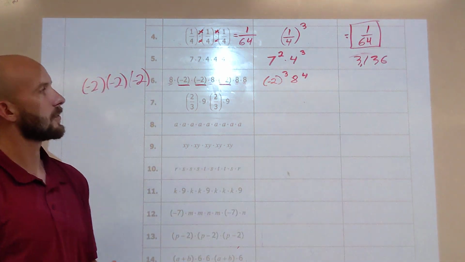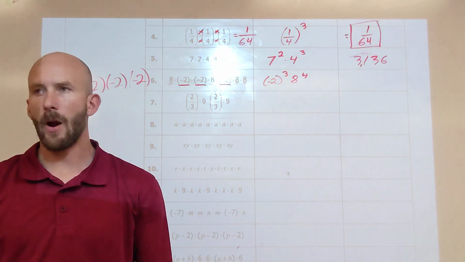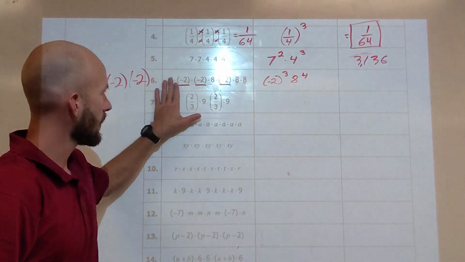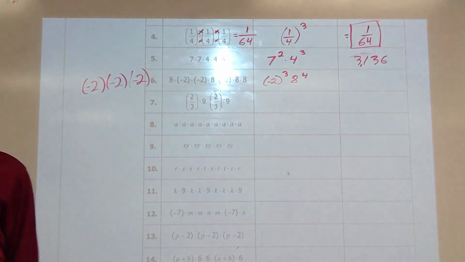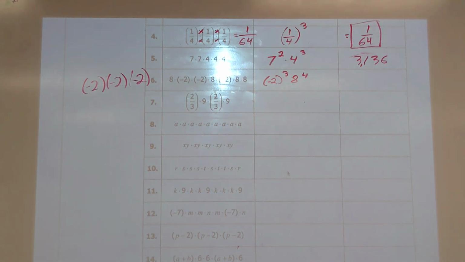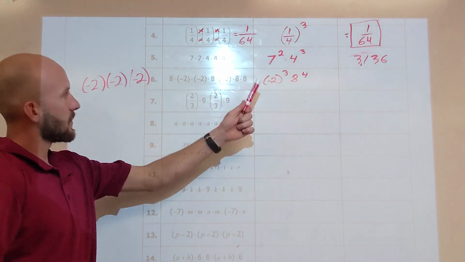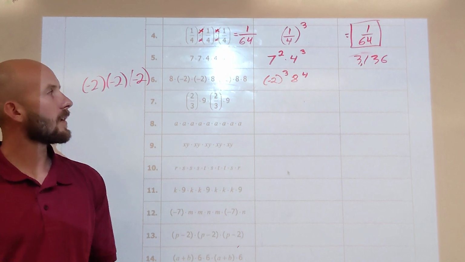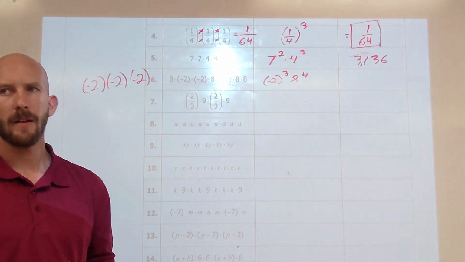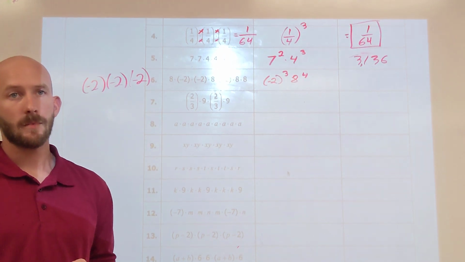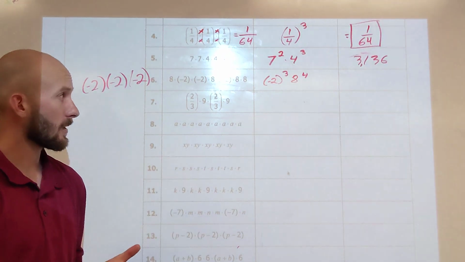Okay, good. And then to figure out what that actually is, I just need to multiply it all together. All right, so multiply it together, and what do we get? Again, you can use a calculator for this part.